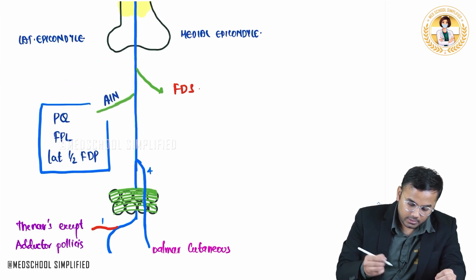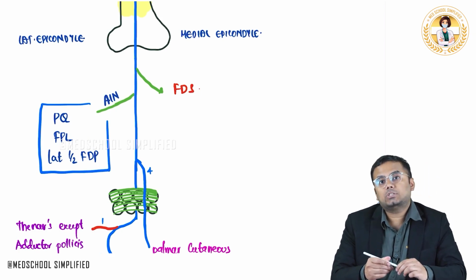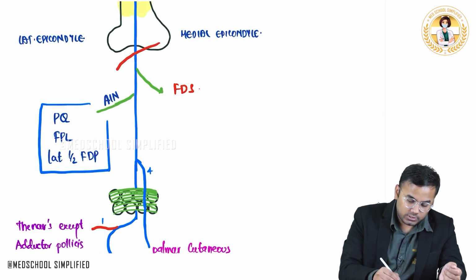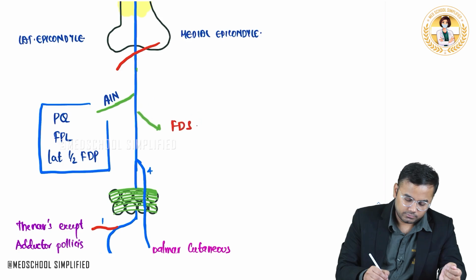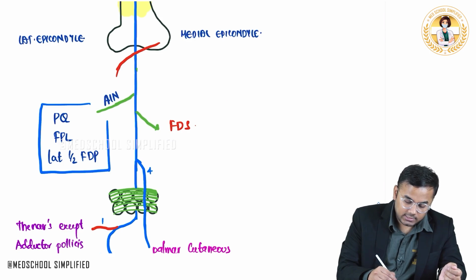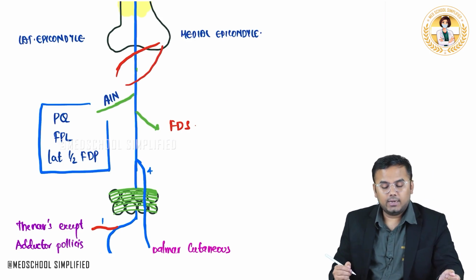So there is one more muscle, guys, and this muscle starts from the medial epicondyle. See, this is the muscle like this. Let me put this thing also down. So here there is one more muscle like this, and this muscle is starting from the medial epicondyle.